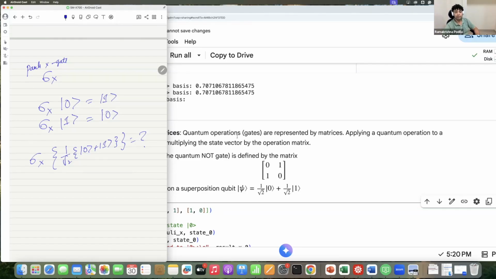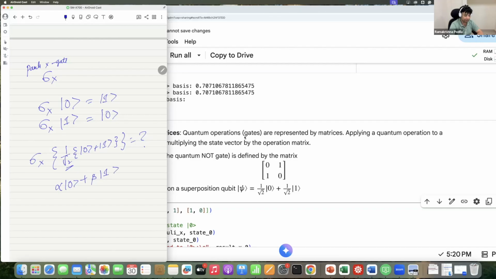I hope everybody understood it and everybody is listening. So we get the same state back, because 0 is flipped to 1 and 1 is flipped to 0. That is only because these are equally distributed. If they are not equally distributed, then you get a different state. For example, let's say you had in general alpha times 0 plus beta times 1.